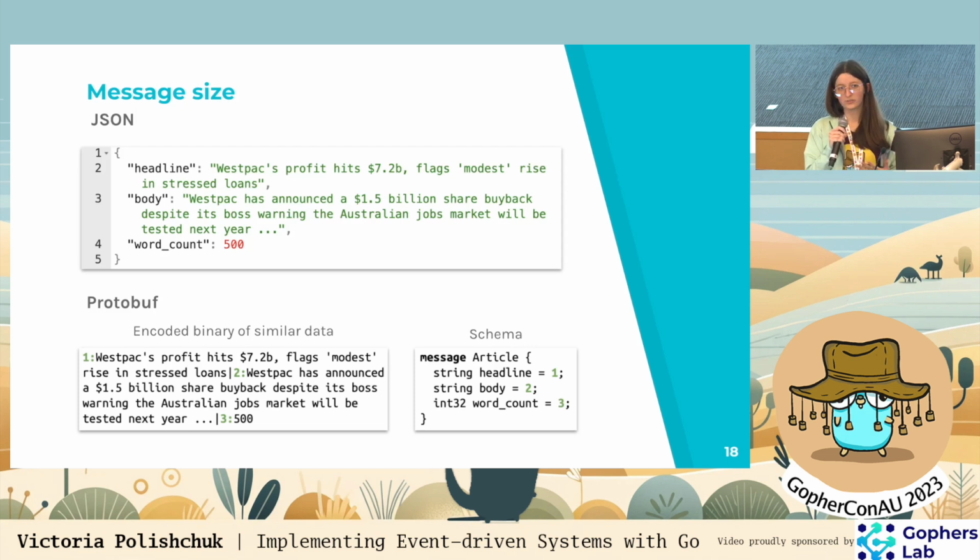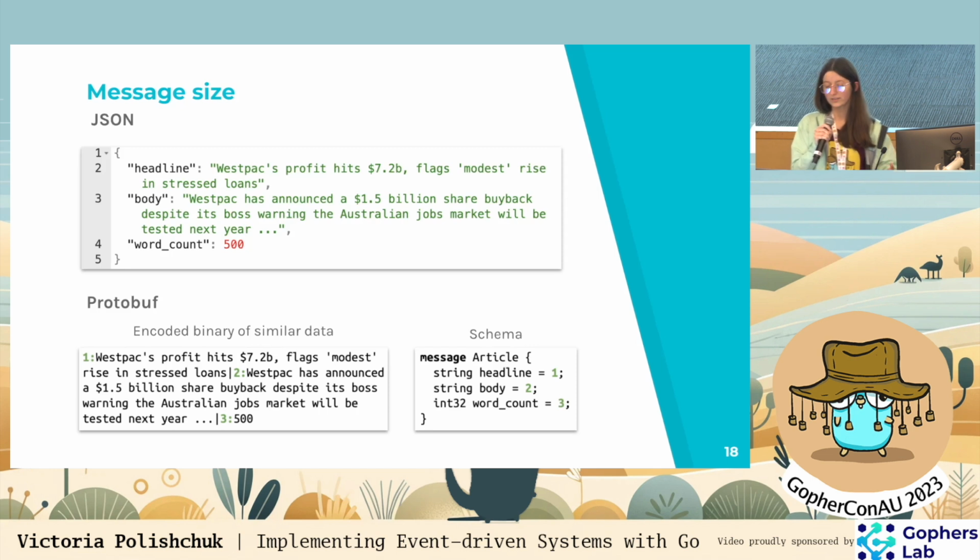Because it's quite restrictive for us, we pass larger data using protobuf, and you can see a comparison with a JSON structure. In a JSON structure, you have the field name and the value, and in protobuf, it's actually going to be an encoded binary, but to give you an idea, the data will only carry values without fields.